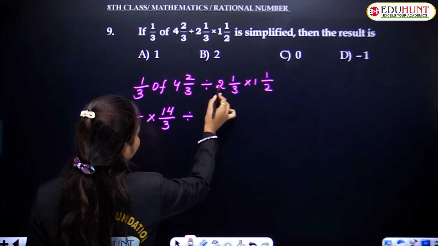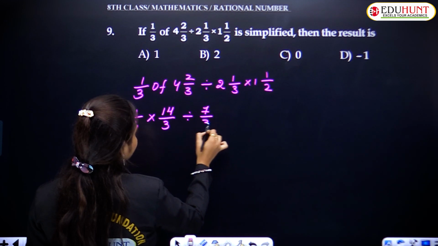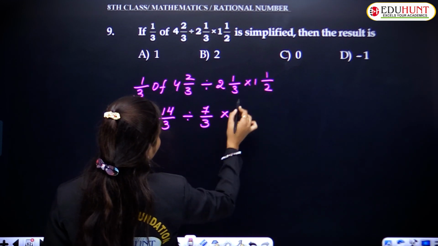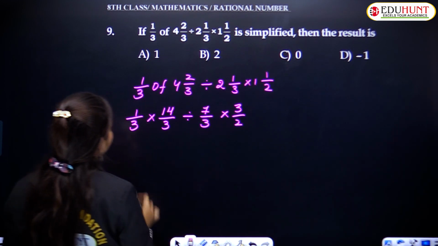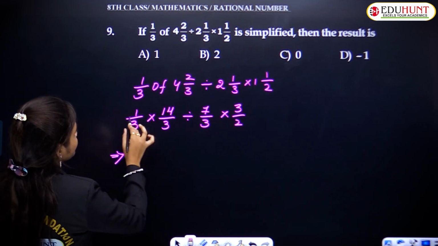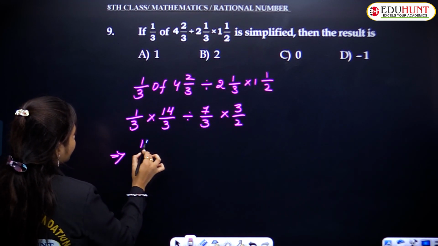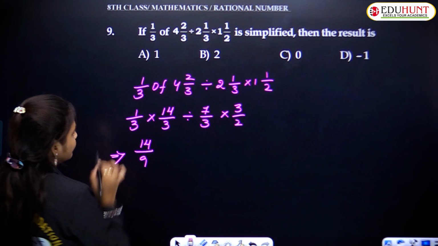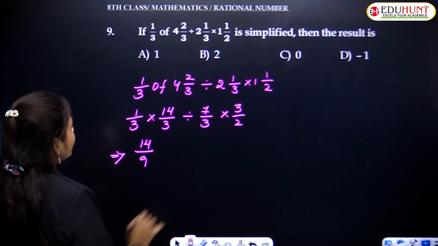divided by 2 and 1 by 3, meaning 3 twos are 6 plus 1, 7 by 3, into 1 and 1 by 2, meaning 2 ones are 2 plus 1, 3 by 2. So first perform this: 14 by 3 of 3 is 9. Clear? Now simplify it.